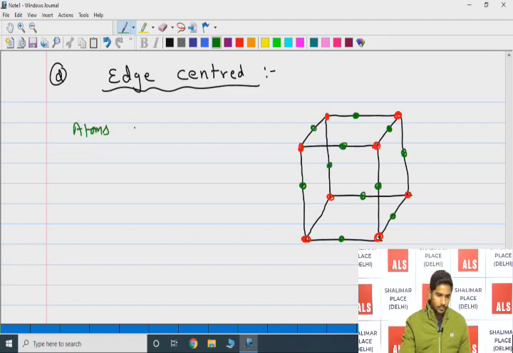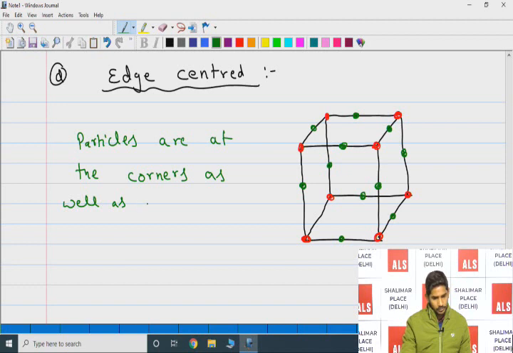Atoms, particles are at the corners as well as on the edges.